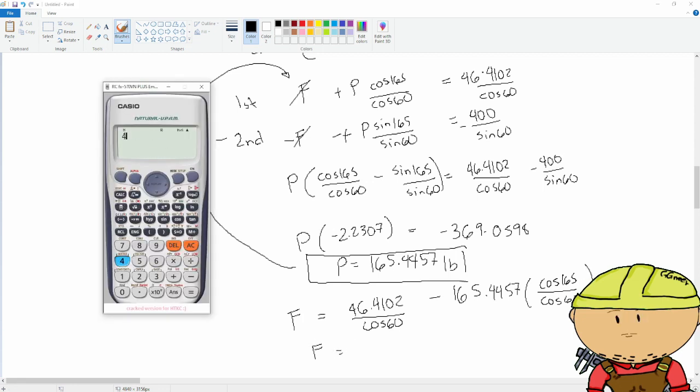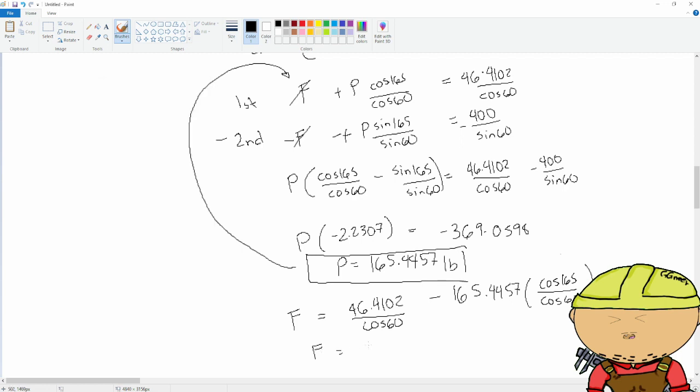F is 412.4369 pounds. Okay? So that's F.